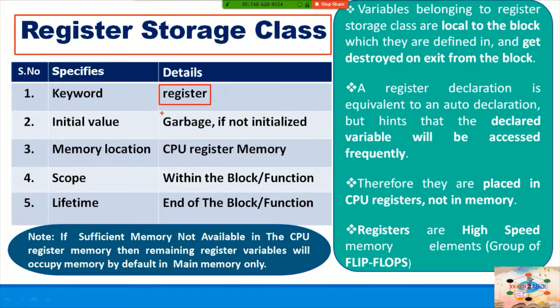Its initial value is garbage if not initialized, and its memory location means all register variables will occupy memory within the CPU register. Its scope is just like automatic variables, within the block or within the function, and its lifetime is the end of the block or the end of the function.